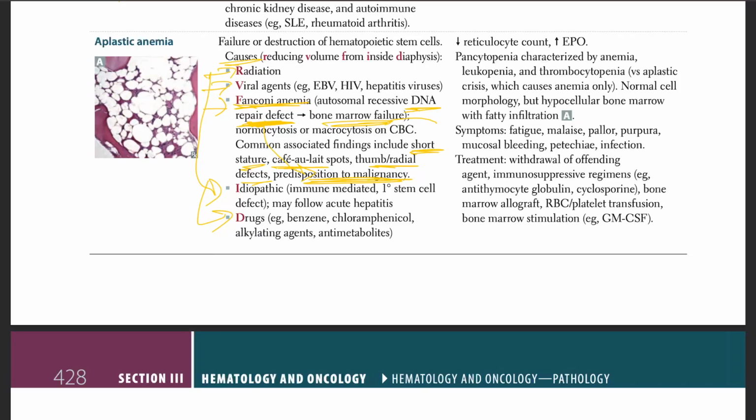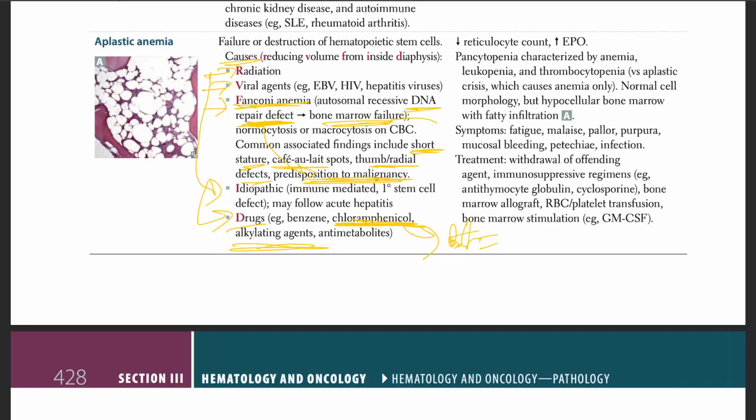And drugs like benzene, chloramphenicol, very important, and alkylating agents and metabolites. So something about chloramphenicol. Chloramphenicol can basically lead to both things.